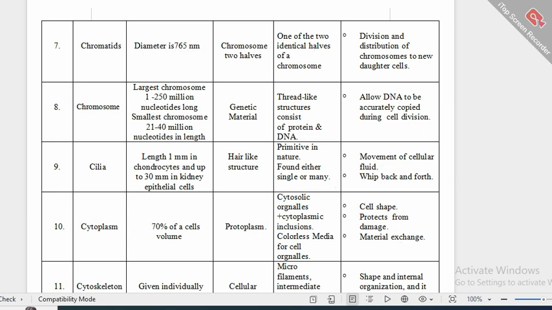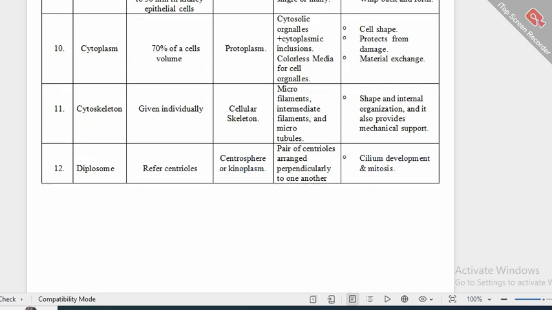Moving on to the next subcellular organelle, that is the cytoskeleton. It is also known as the cellular skeleton, and it includes microfilaments, intermediate filaments, and microtubules.